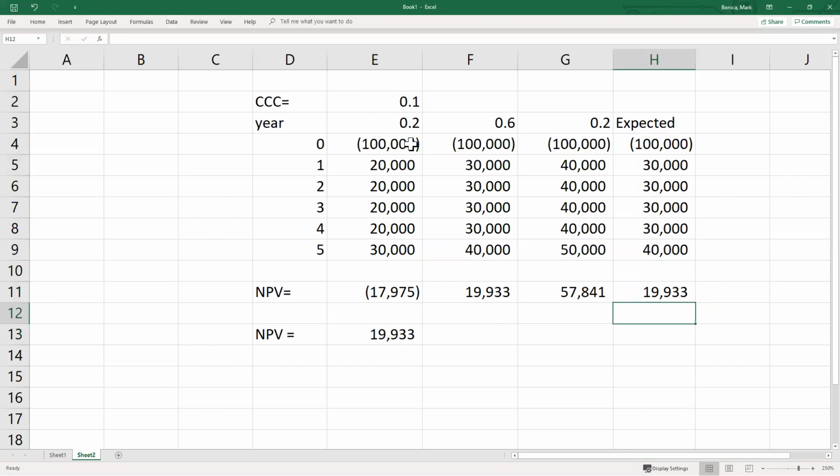In this version, we're taking the weighted average of each year's cash flow, and then we calculate the NPV based on the averaged cash flows, and we wind up with the same outcome.